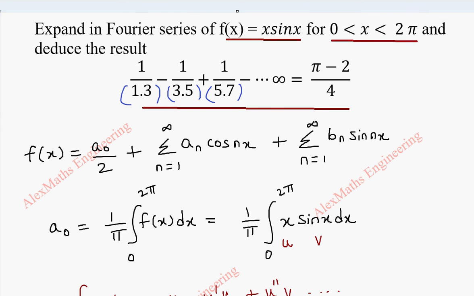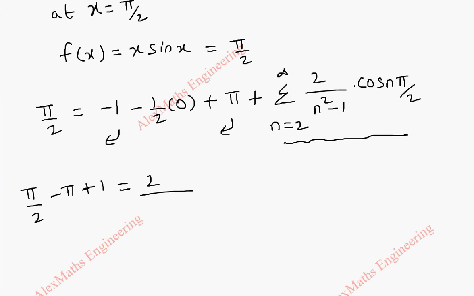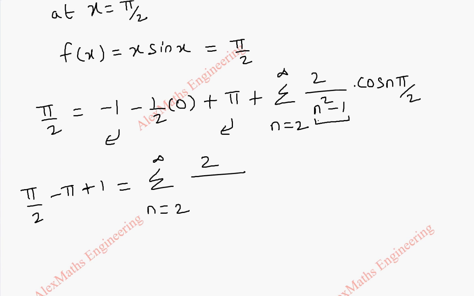So it is better to rewrite this. That is, we keep sigma n equal to 2 to infinity 2 by, this is using a plus b into a minus b, n minus 1 into n plus 1. Then we have cos n pi by 2.